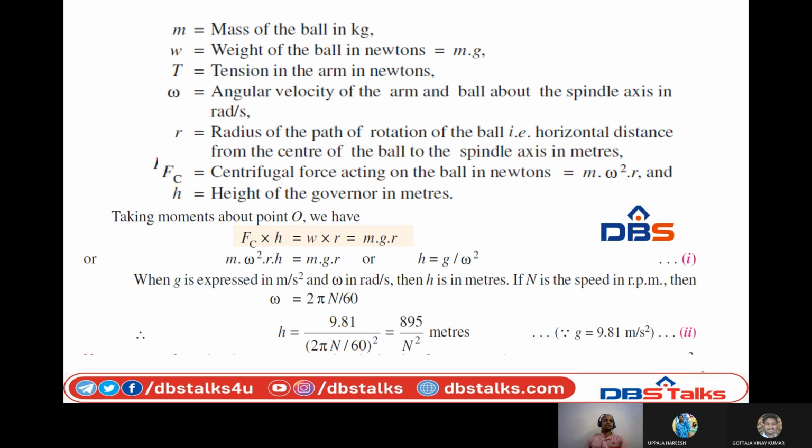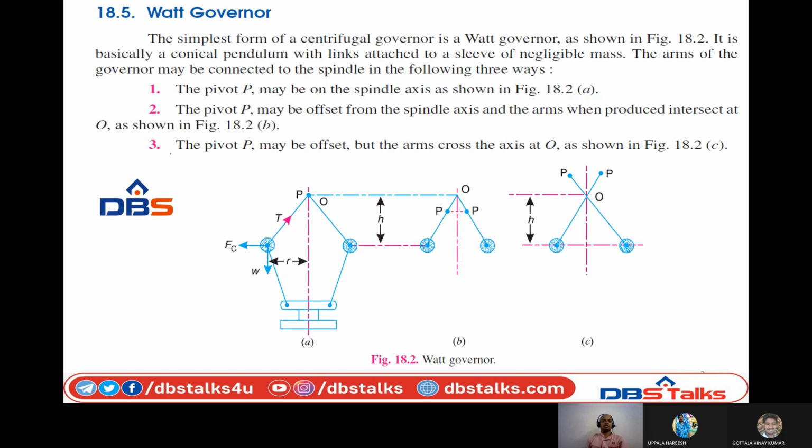Then it is the case that the weight of the arms and the links are very negligible.